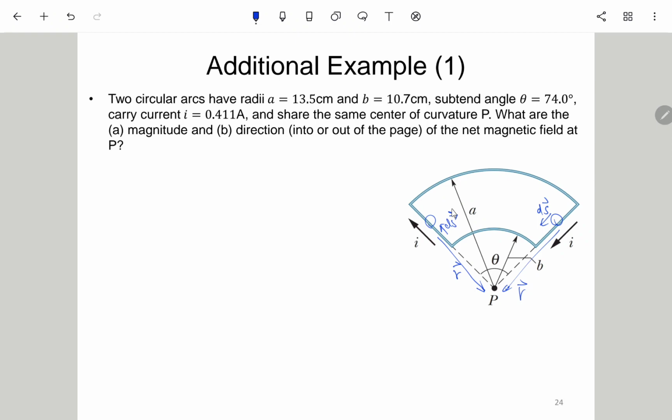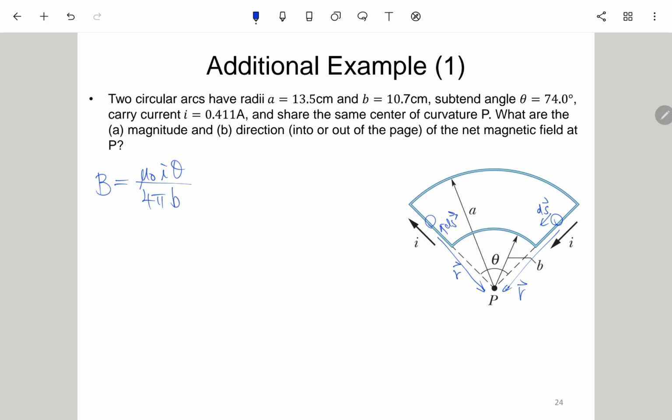So the only two segments that will contribute are this longer circular arc and this shorter circular arc. Okay, so B at point P is mu naught I theta over 4 pi b.